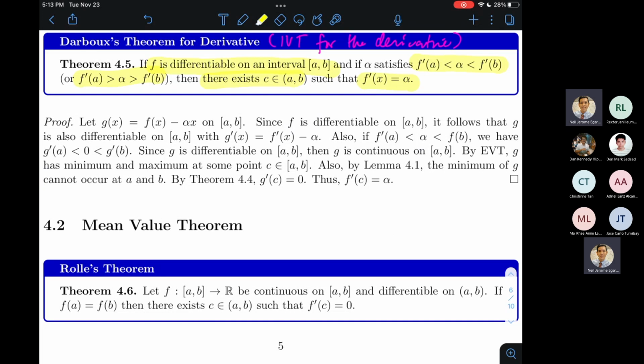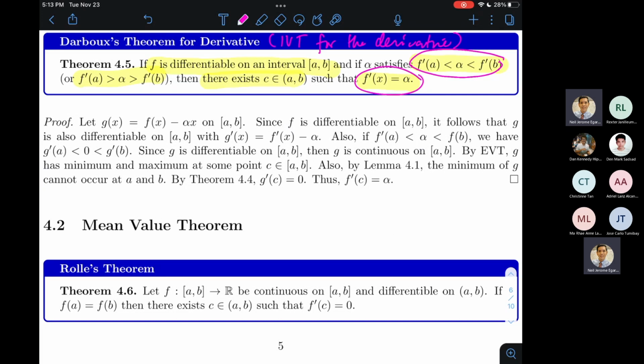ng intermediate value theorem. Ang requirement nga lang ng intermediate value theorem, yung function involved dapat ay continuous. So kung si f prime ay continuous, pwede natin i-apply yung IVT kagad to come up with this statement. However, all we know is that f is differentiable. Kung si f ay differentiable, ang alam natin si f ay continuous.